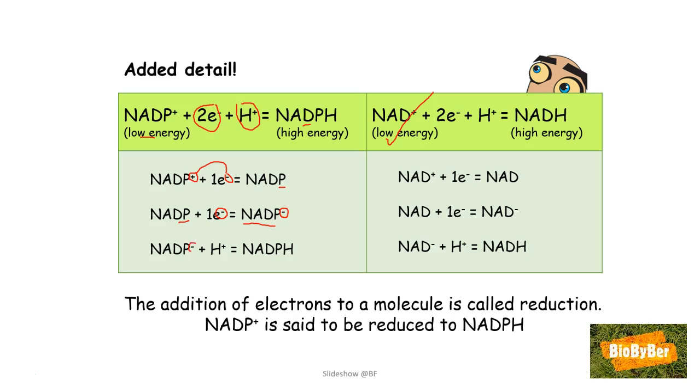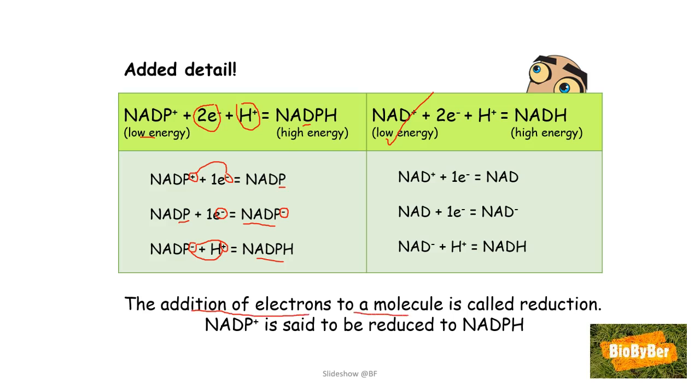That then will pick up the proton or the hydrogen ion that has a positive charge. The positive and the negative will cancel each other out, and hence we will create NADPH.